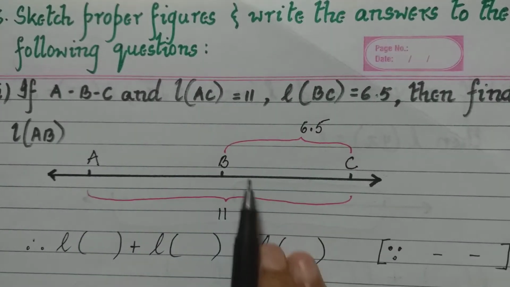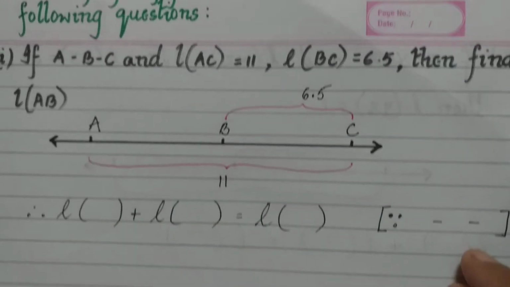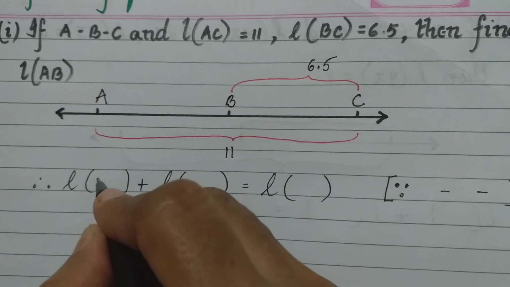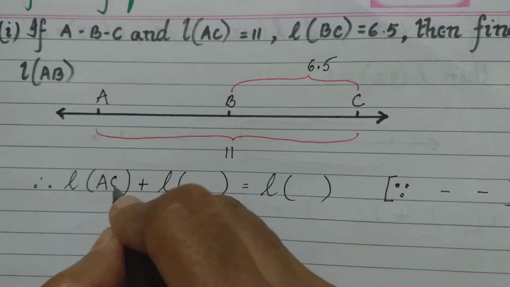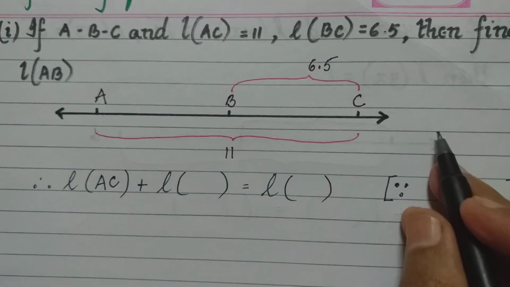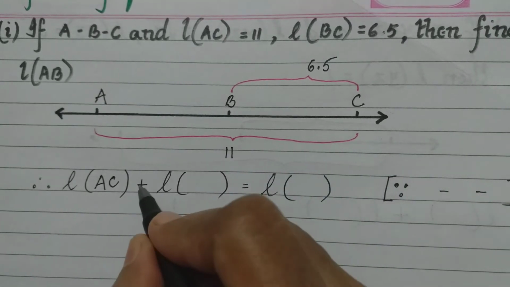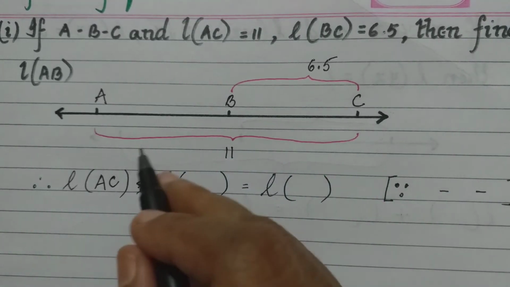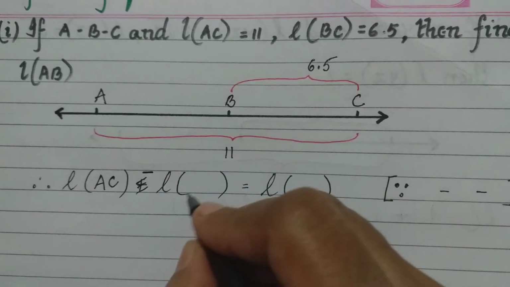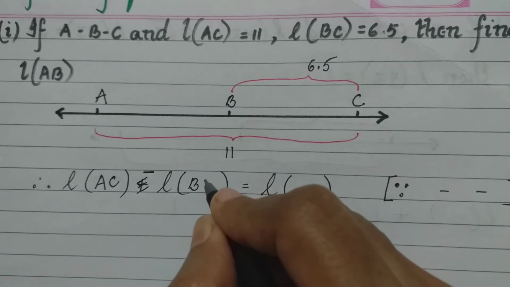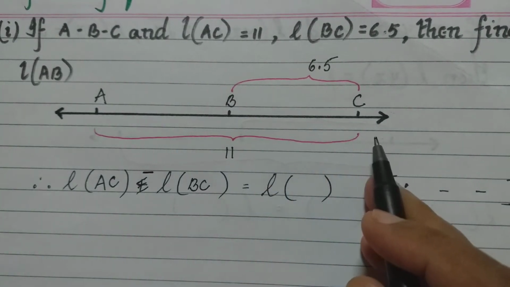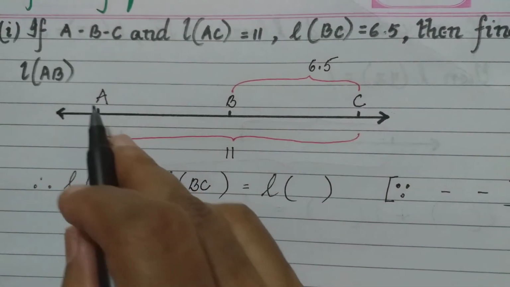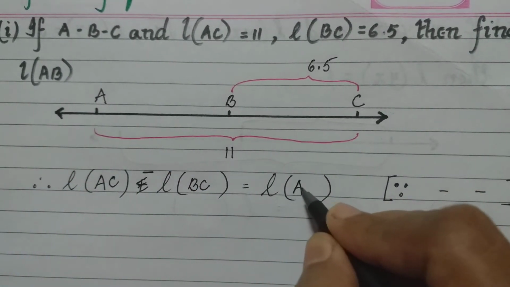So length of AB is equal to length of AC minus, not plus, minus length of BC. So length of AC minus length of BC will give me the length of AB.